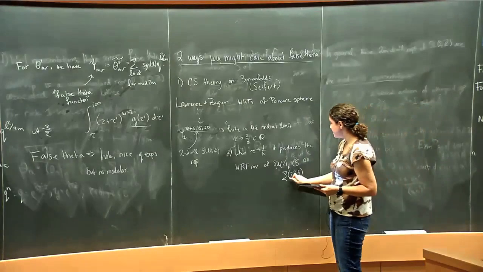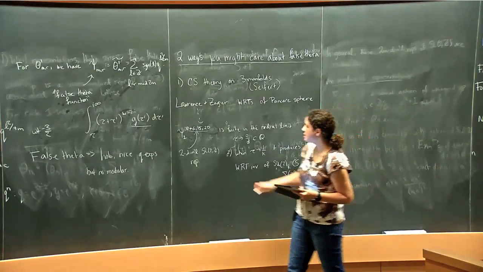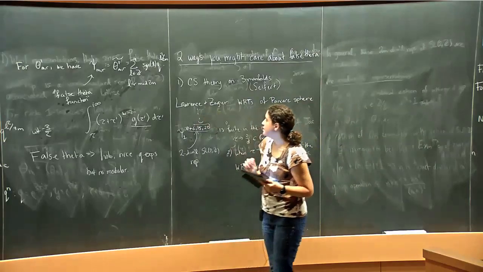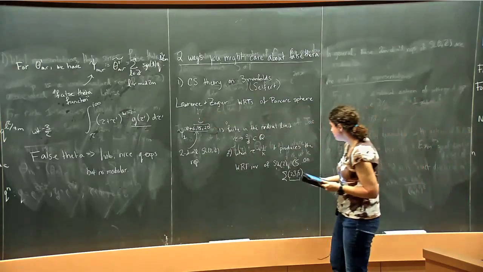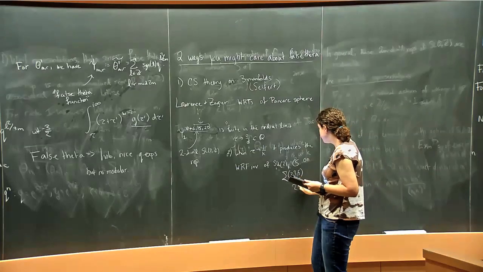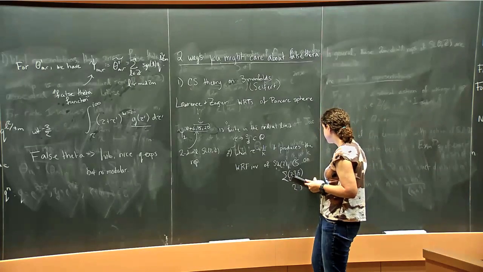And in fact, these numbers are related to the fact that the group of exact divisors is these numbers, 2 times 3 times 5 equals 30.